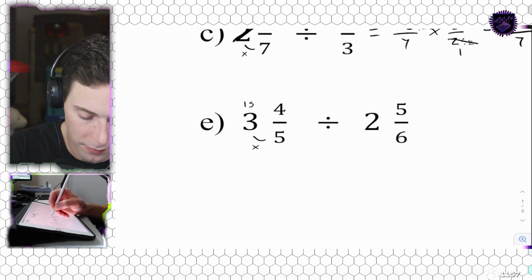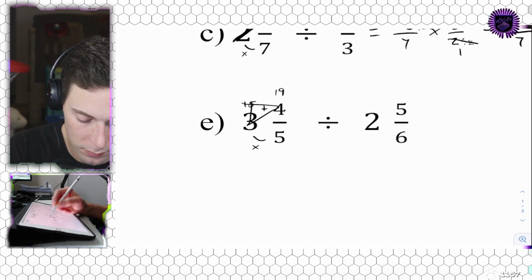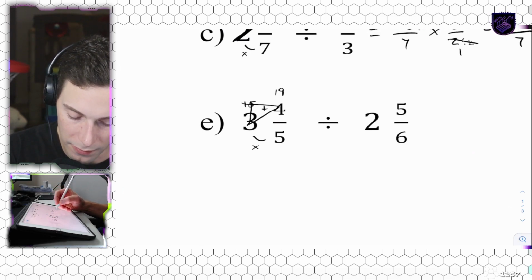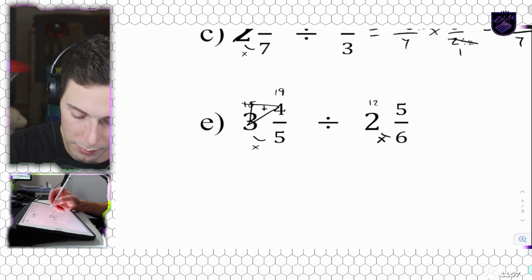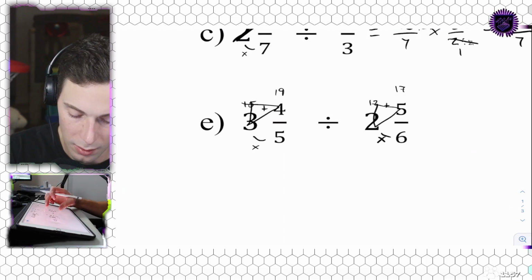That's going to get 15. We're going to add 15 and 4, which will get 19. And then we have 2 times 6, which is going to give us 12 plus 5, which is 17.